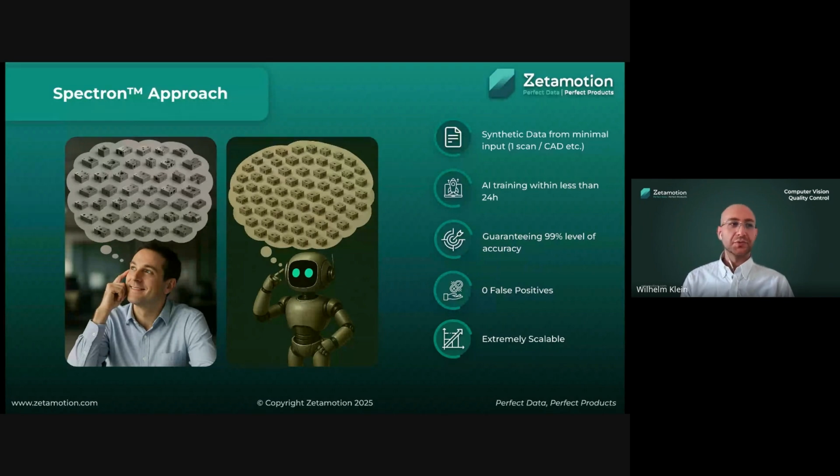If you imagine training a new quality control worker, a human who's actually on your production line, who inspects the products just as quality inspection has been done for the last 100 years, you don't show that human 1,000 labeled pictures, right?